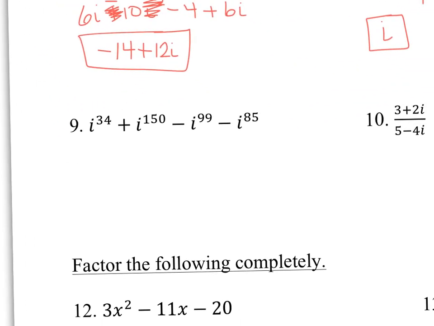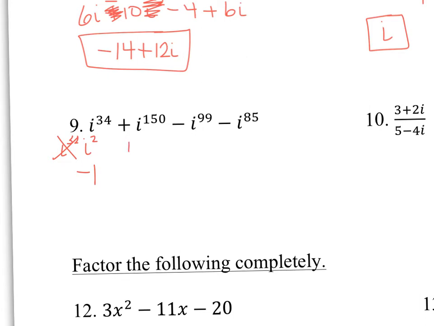If I look at number 9, I have to find all multiples of 4. So i to the 32 and i squared makes i to the 34, so i to the 32 is 1, and i squared is negative 1. So now I have to do 150.